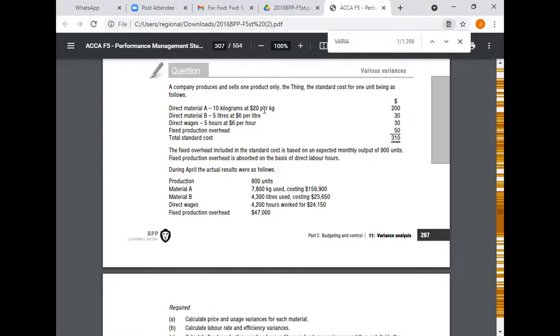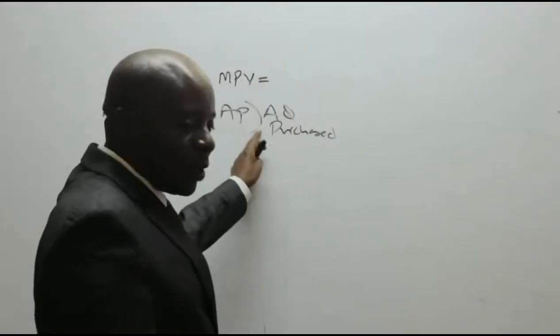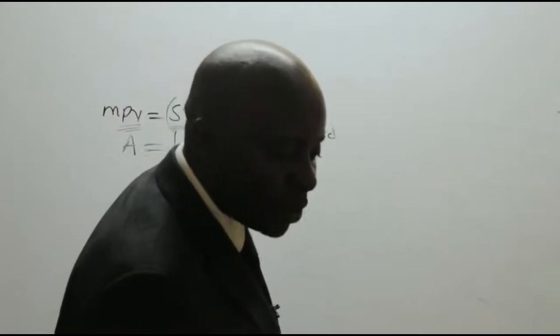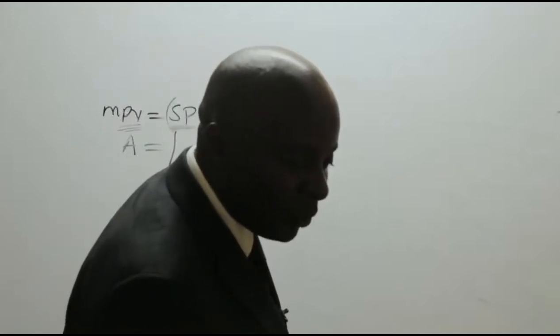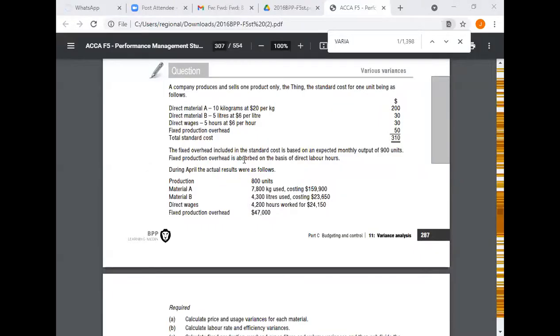How about the actual price? The second item that I would work with is called actual price per kilogram. When you look at the actual results, you can see material A, 7,800 kilograms used, which cost them a total of 159,900.